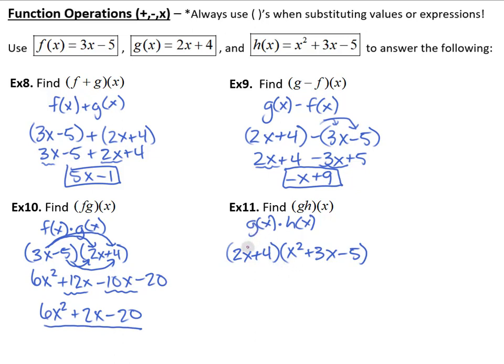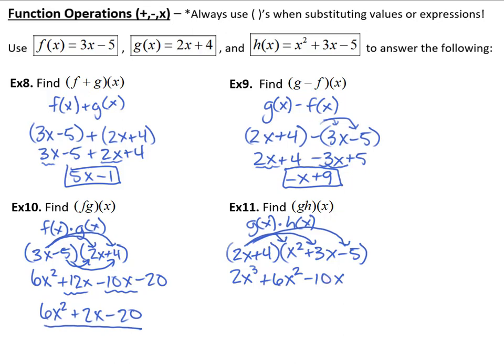But again, we want to think of this idea of just distributing everything in the first set of parentheses to everything in the second. So we're just going to start with 2x. 2x times x squared gives me 2x to the third. 2x times 3x gives me 6x squared. And 2x times negative 5 gives us negative 10x.